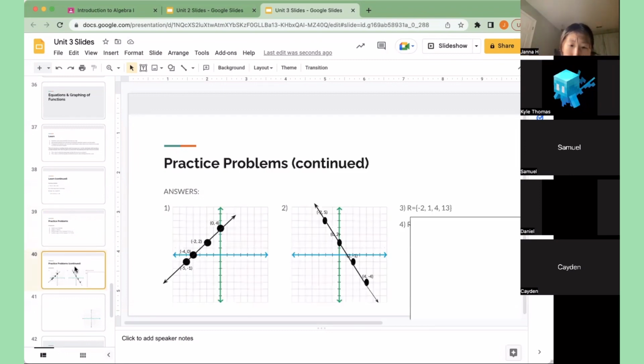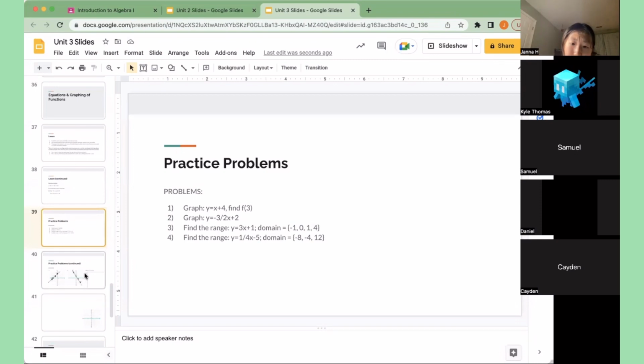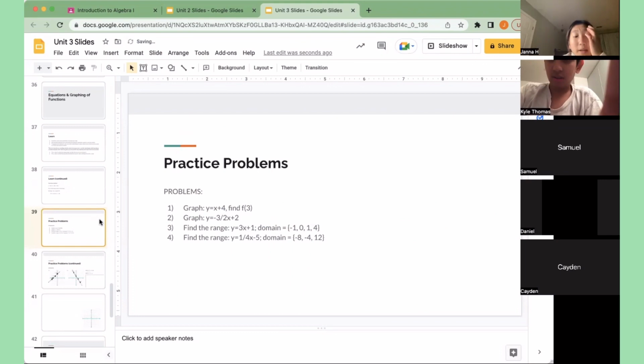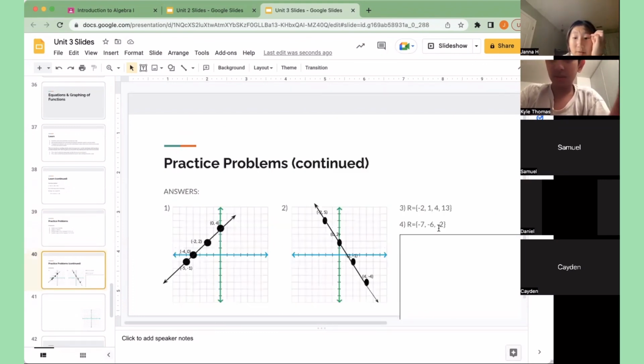Oh, you guys should have gotten this. So you basically just plug in. Oh, wait, now I got it. Kyle, you should be right. Yeah. So you just plug in all these numbers for x, and you should have gotten -7, -6, and -2.